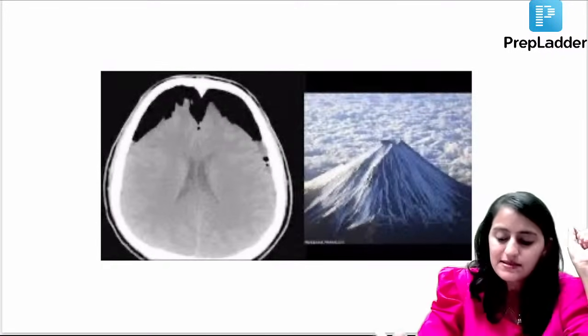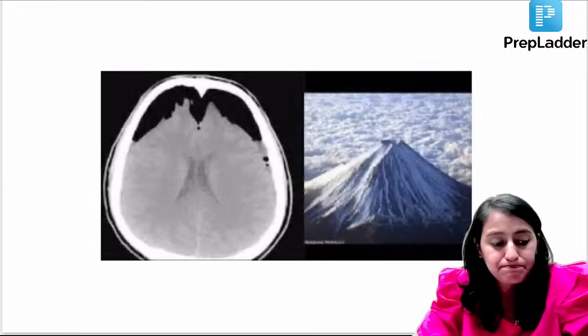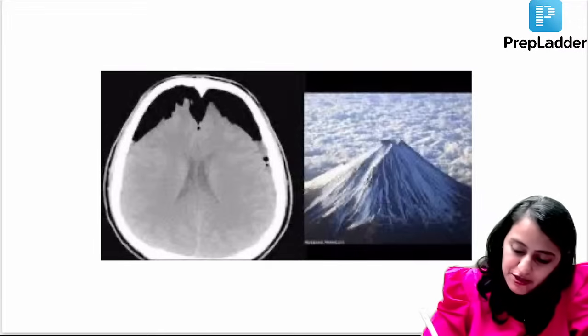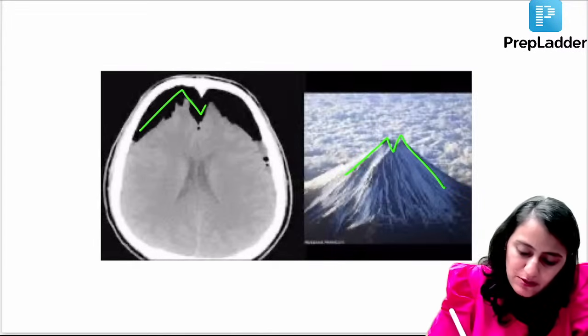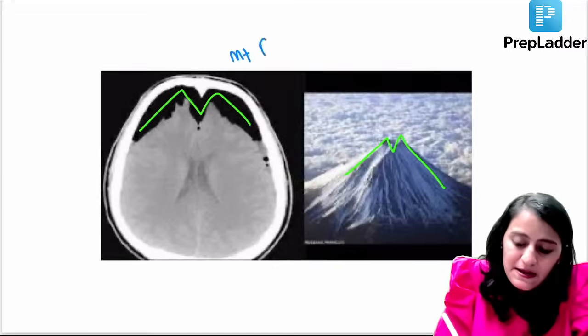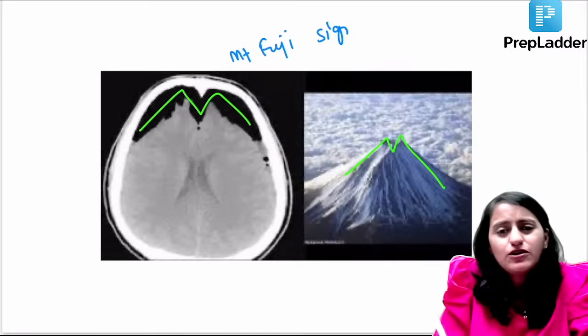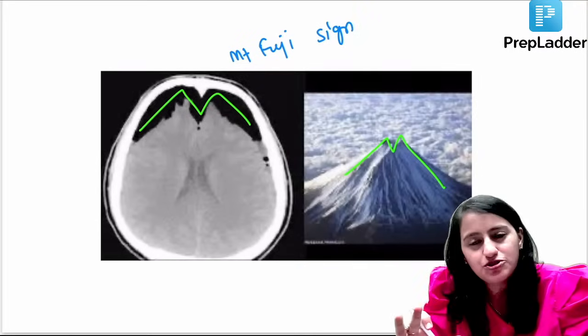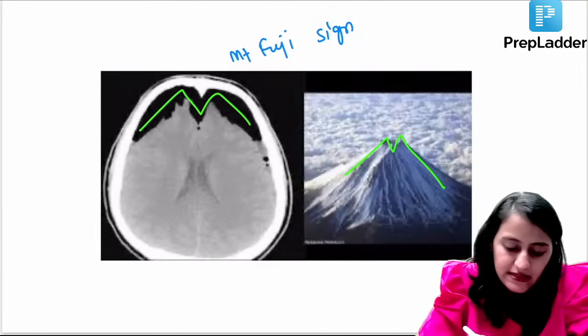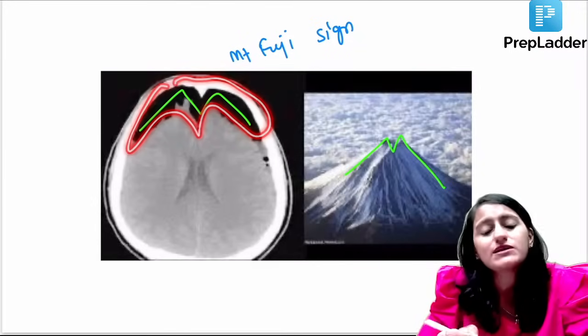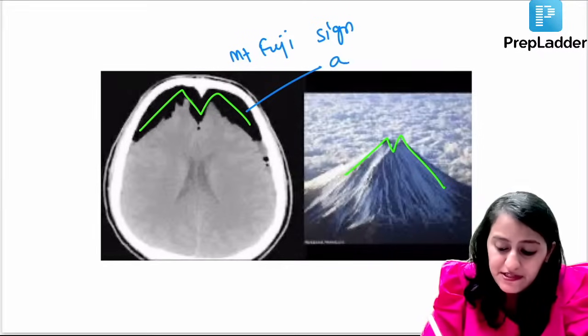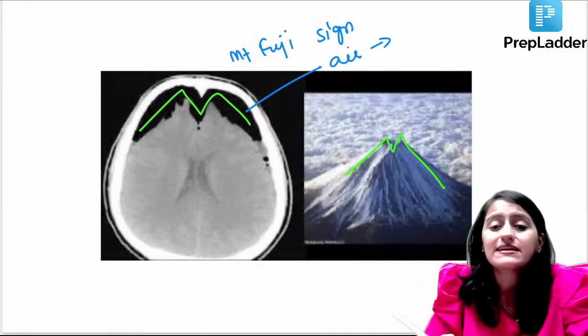Going to next one. This has been asked in your last year exam. You can see this mountain sign, the Mount Fuji sign. Logically, even if you have not seen this image, can you identify what it is? It is this jet black appearance. What is jet black on CT? Jet black on CT is air. Air in the cranial cavity.